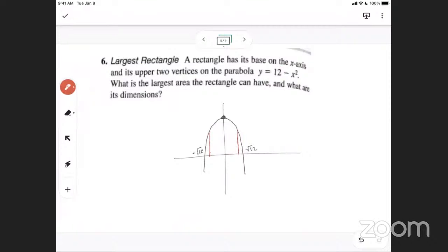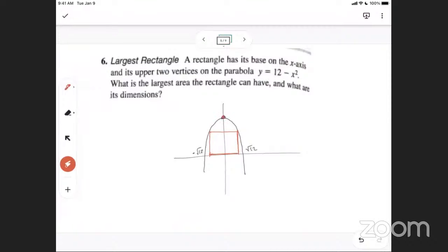So it says it's a rectangle. And if it's a rectangle, then this distance has to be the same, right? The top and bottom distance have to be the same. You follow what I'm saying? That distance and that distance have to be the same in order for it to be a rectangle.